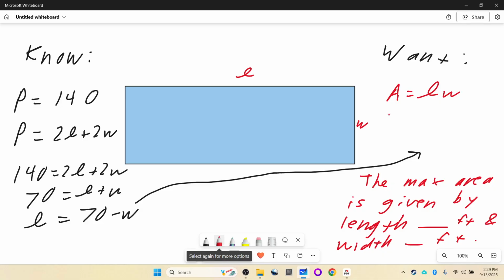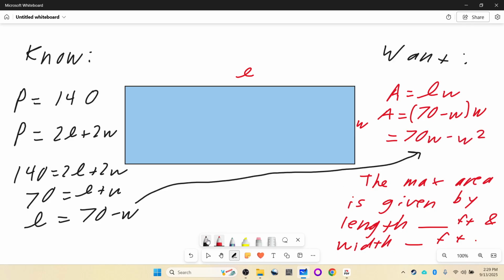Area is length times width, so then area is 70 minus W times W. And so we want to figure out what is the maximum of this. What is the largest this could be? And well, I know what this looks like. This could also be written as 70W minus W squared. Either form is acceptable.